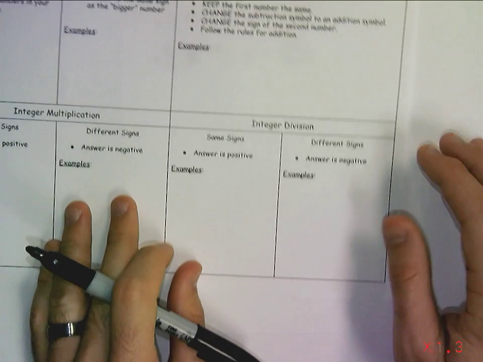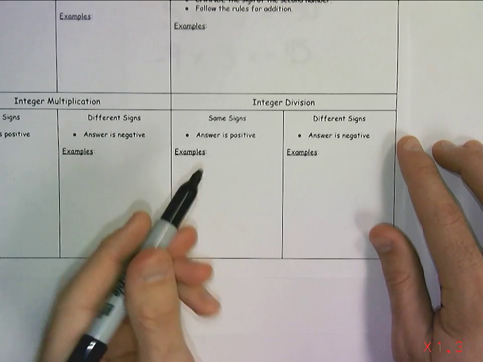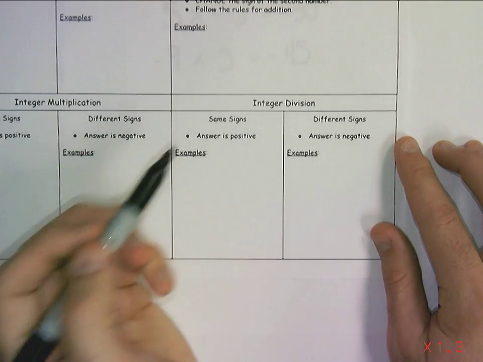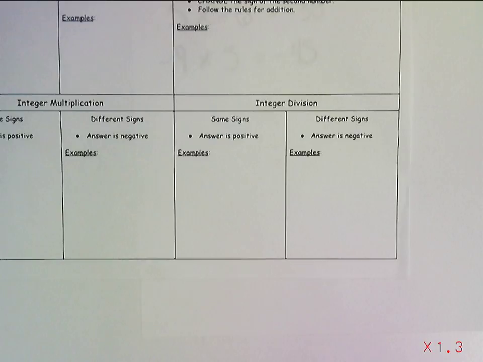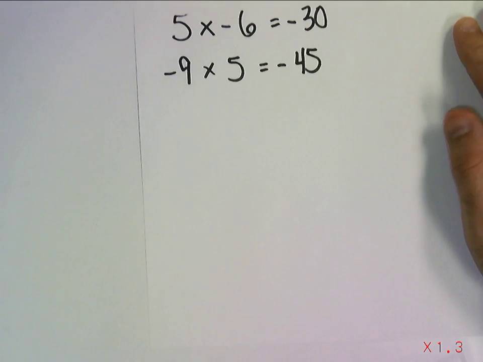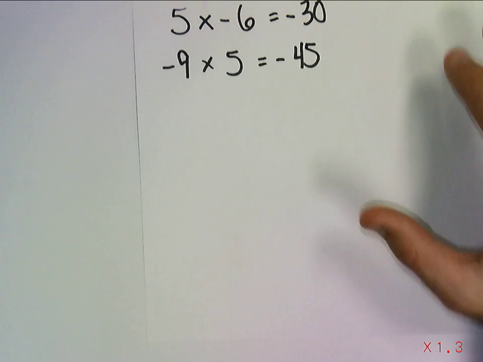What's really cool about this is that integer multiplication and division follow the same rules. So that's never going to change. If the answer is positive, the signs are the same, and if the signs are different, the answer is going to be negative. So let's get a couple examples down for you here.